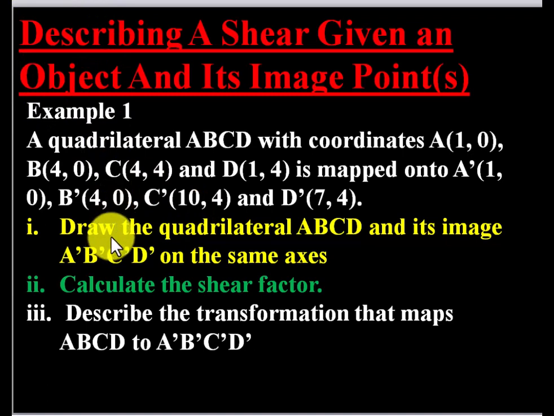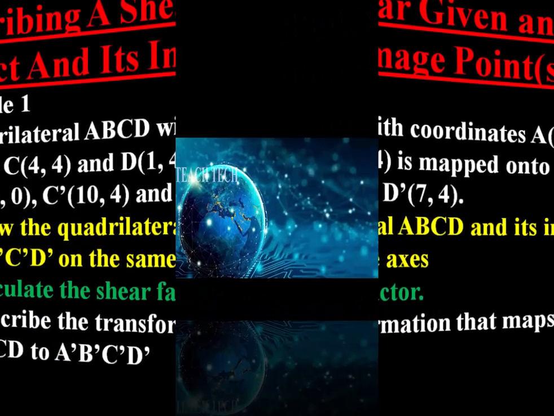Questions that we're supposed to answer from this one is that we need to draw a quadrilateral ABCD with its image on the same axis. Question 2, calculate the shear factor, which is the main focus of this current lesson. Describe a transformation that maps ABCD to its image.